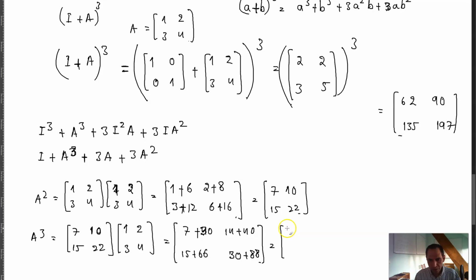Which is the same thing as 37, 40 plus 14 is equal to 54, and 66 plus 15 is equal to 81, and then 88 plus 30 is equal to 118. That's A cubed.